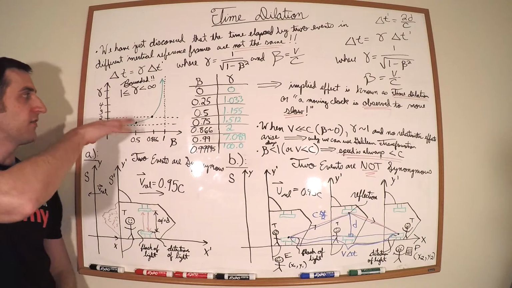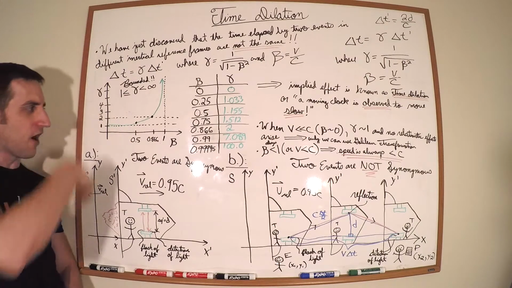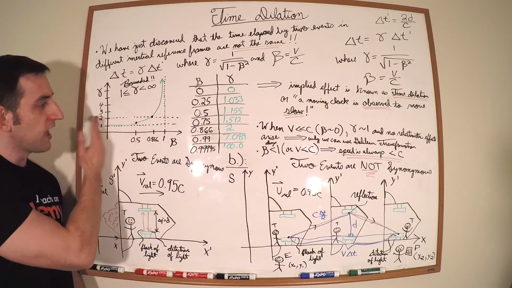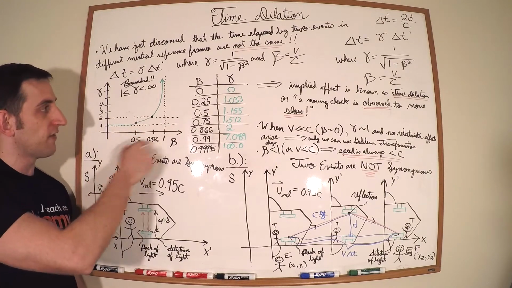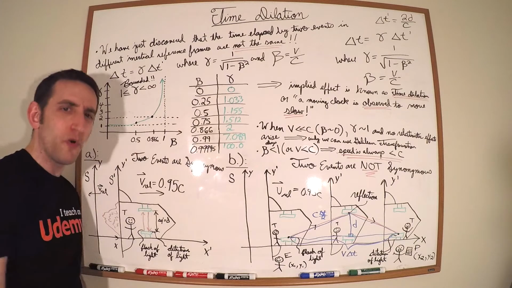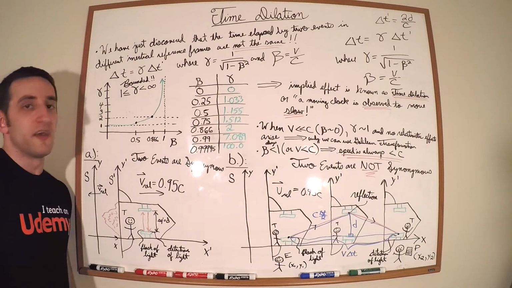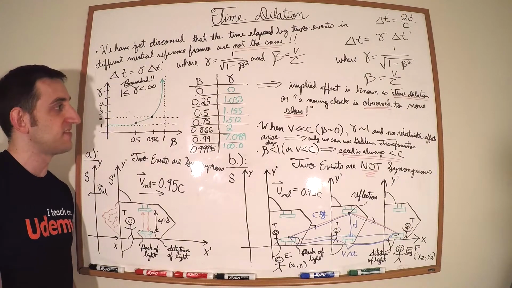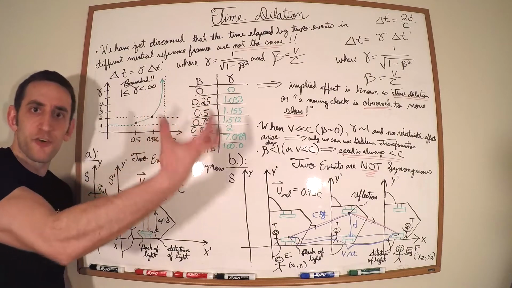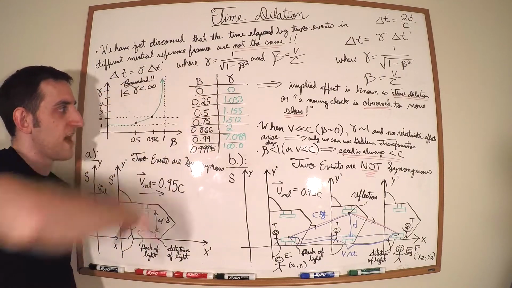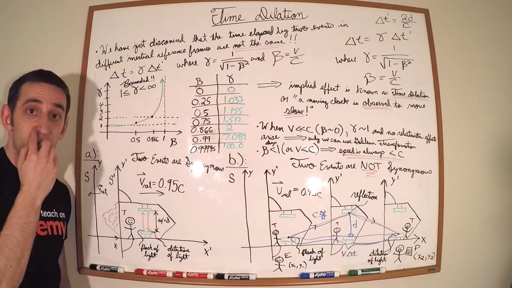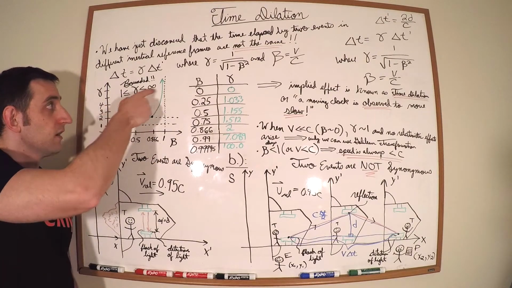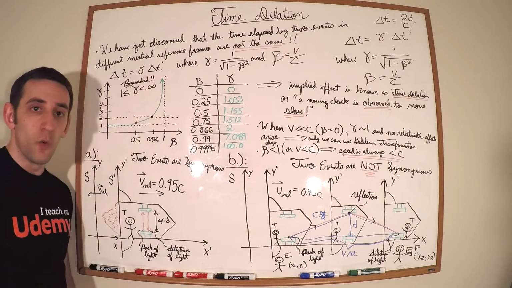So we have this curve here. We see that gamma is pretty small for a lot of the range of beta. Once we hit 0.5, I have tabulated values here, it's only 1.15 times the moving reference frame's time. That's not a big increase in time, but what we found is that regardless of the value, gamma is always greater than 1, and it tends to go to infinity when beta gets large.